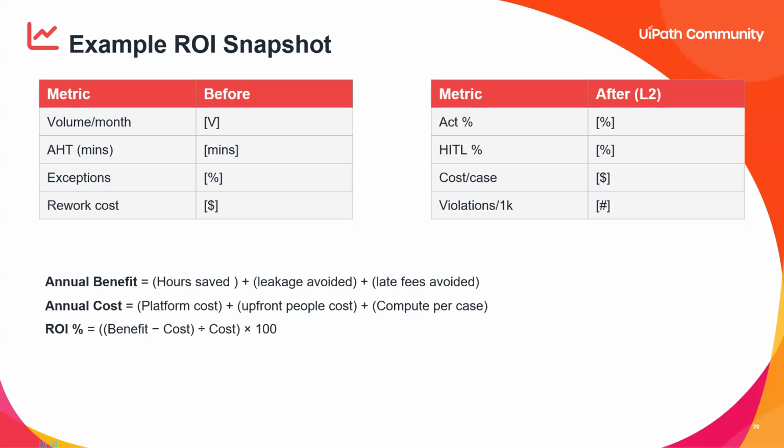Annual benefit is the sum of hours saved, leakage avoided, plus late fees avoided. And annual cost, which is also a sum of platform cost, upfront people cost, and compute per case cost. So this ROI percentage, as Deepak explained, tells us the financial viability of our complete framework. Next slide, please.